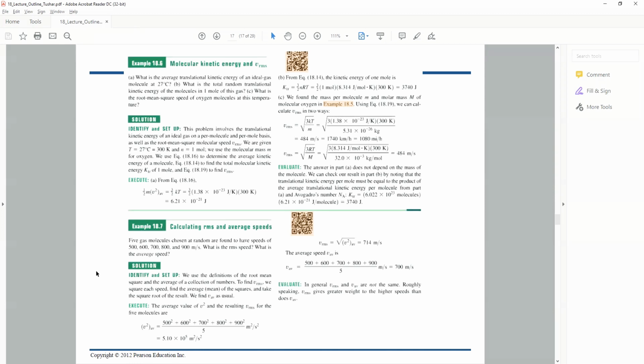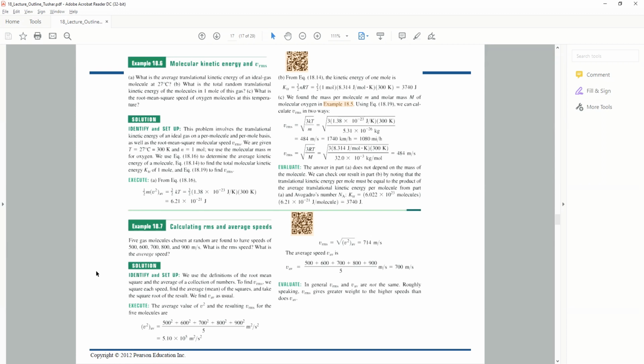That is equal to 484 meters per second, or 1,080 miles per hour. So 484 meters per second is fine.